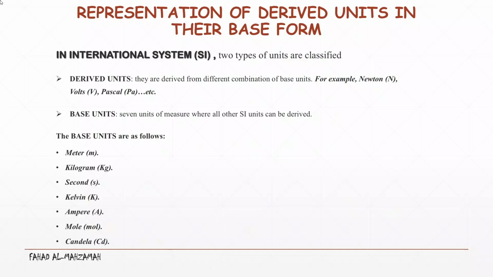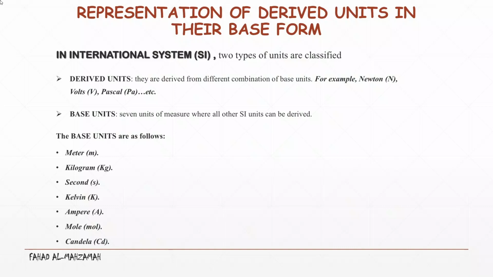But if we go back and try to find the origin of the newton, we will see that it consists of kilogram, meter, and second. So this is a classification for the units, which is called derived, and it's named a newton. However, it is a combination of different base units like kilogram, meter, and second.